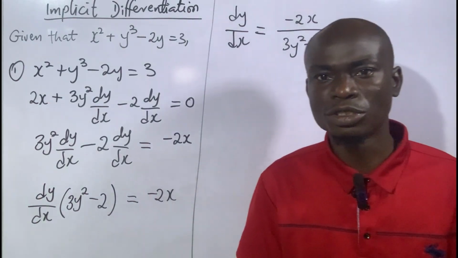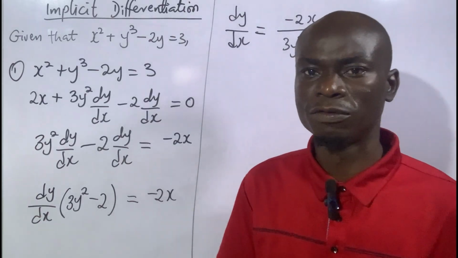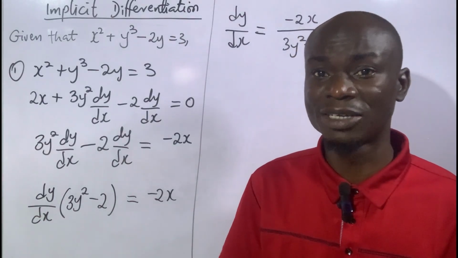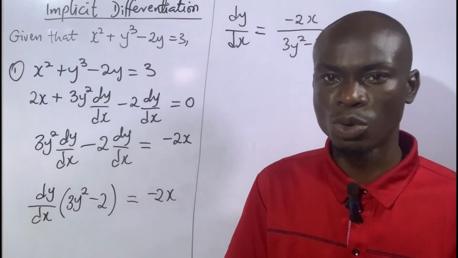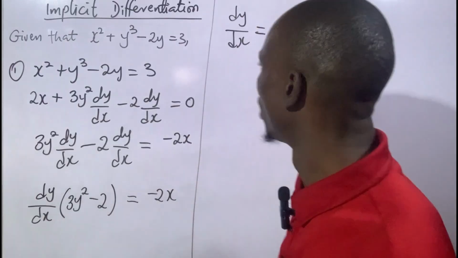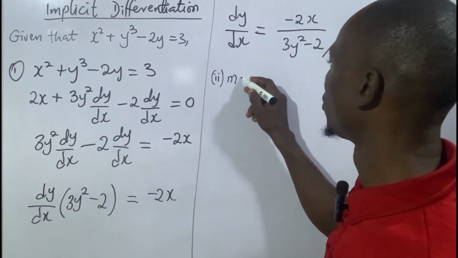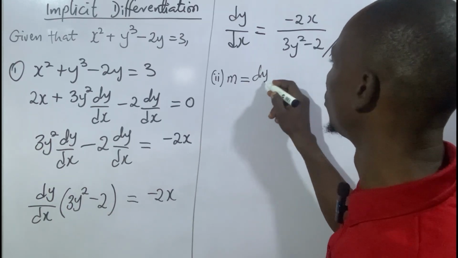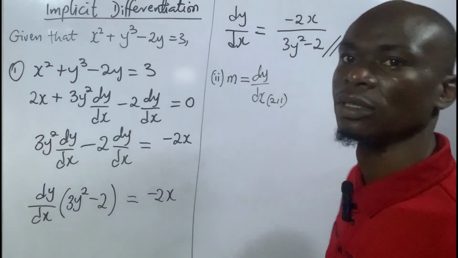Then the second question says we should find the slope of the tangent line to the curve at the point (2, 1). So what they want is the slope of the tangent line, and the slope of the tangent line is m equal to dy/dx at (2, 1).